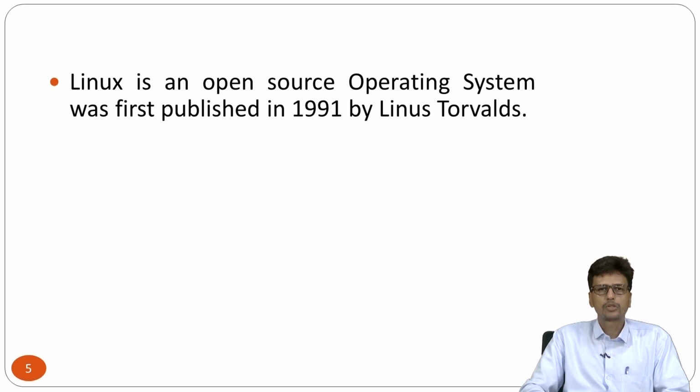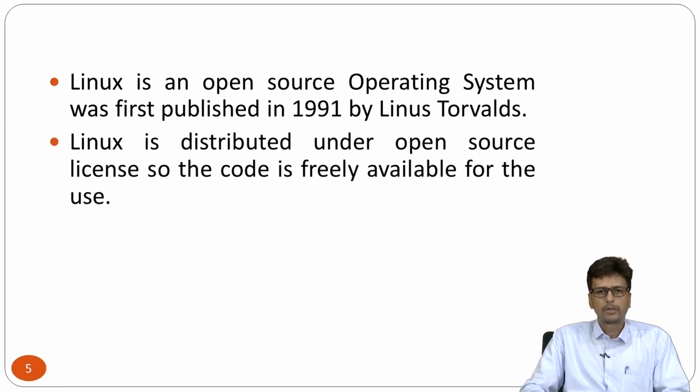If we are talking specifically about Linux, this is an open source operating system, and it was first published in 1991 by Linus Torvalds. Now it is distributed under the open source license. What is the meaning of open source license? Whenever developers or a community combine together and jointly create some code, then it is open source.